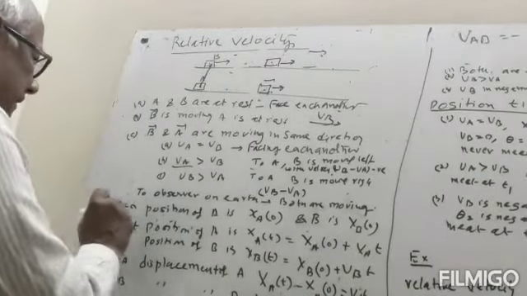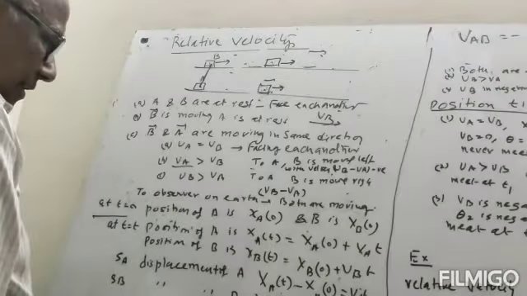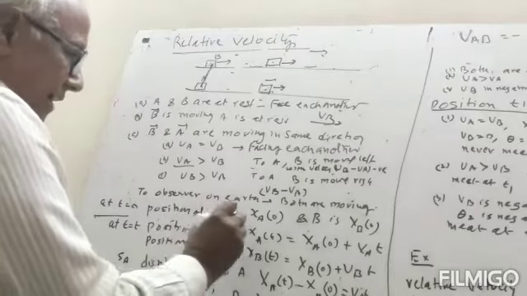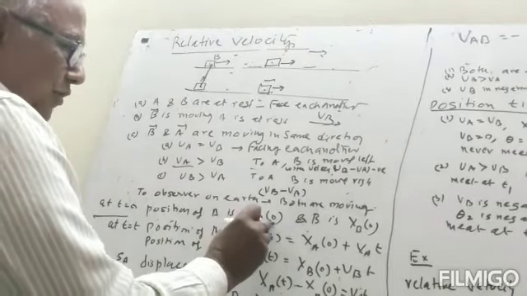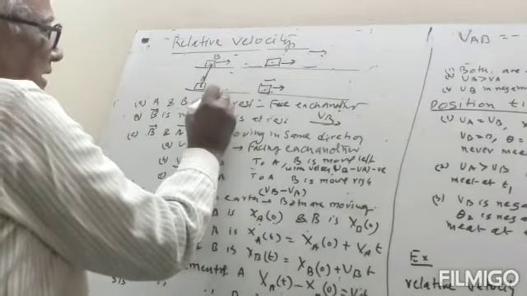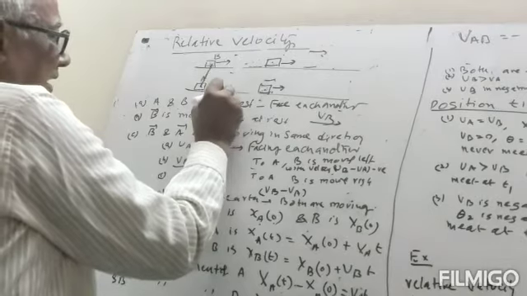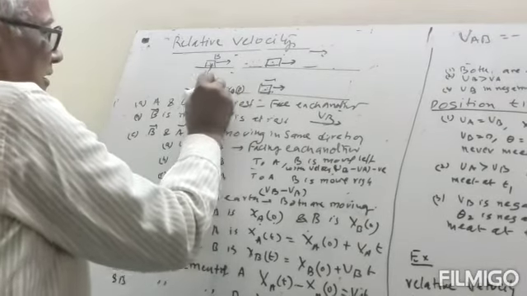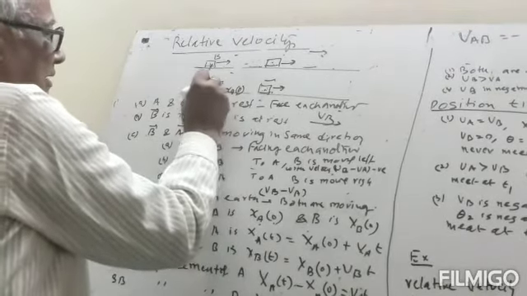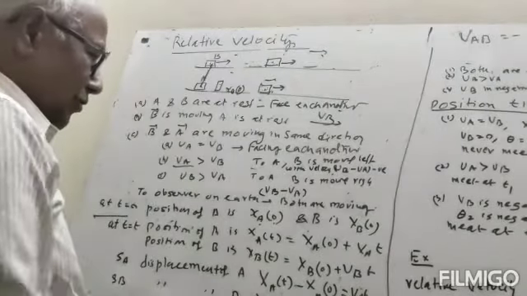Now at t equal to 0, the initial position of A we take as xa0. Just suppose it starts from this point, then this will be the position at time t equal to 0.